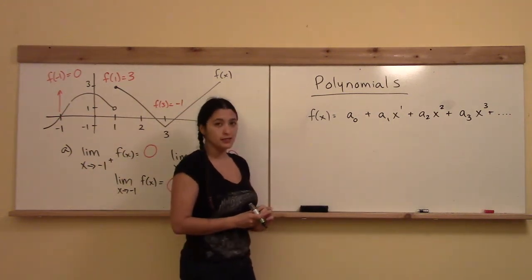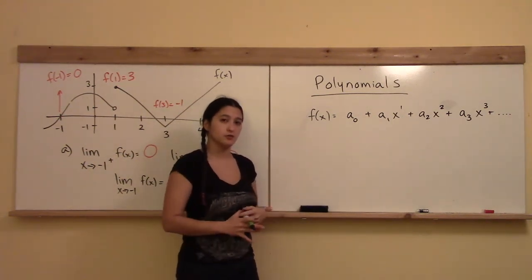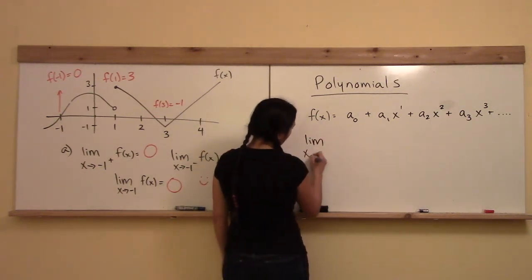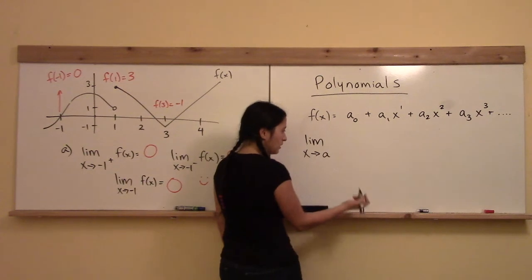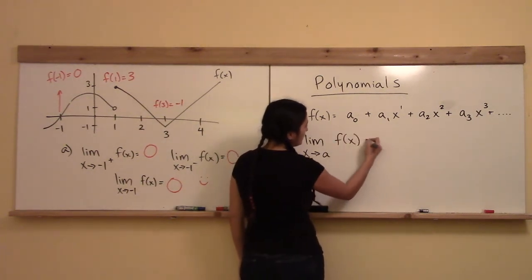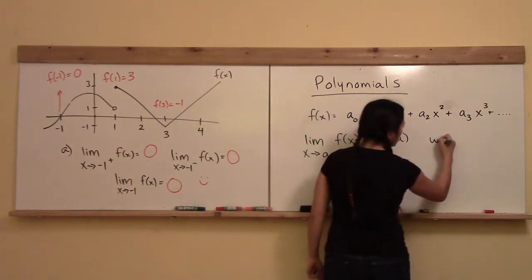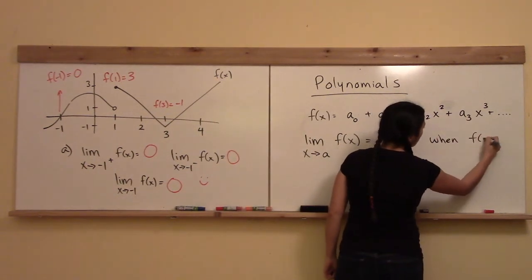Hopefully you're good at recognizing polynomials now, because I'm about to give you a really nice fact. The fact is that the limit, as x approaches any number a, of f of x is always equal to the function value f of a when f of x is a polynomial.